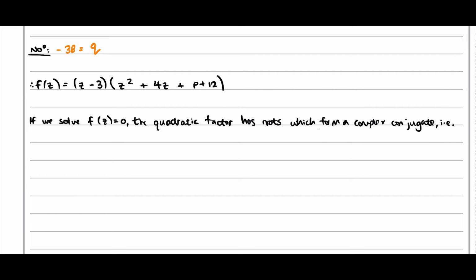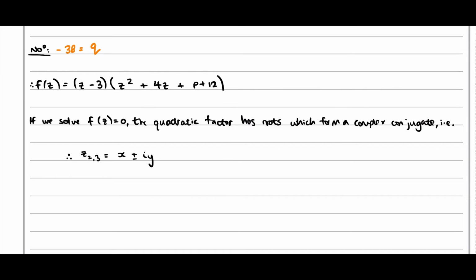So we know what Z1 is, that's 3. So Z2, Z3 will be of the form x plus minus iy. So hopefully that makes sense.